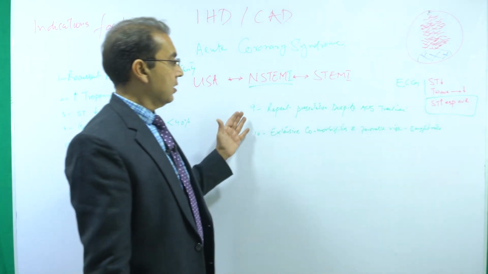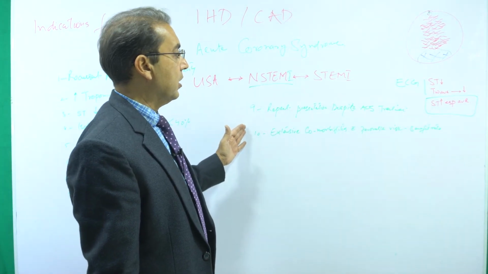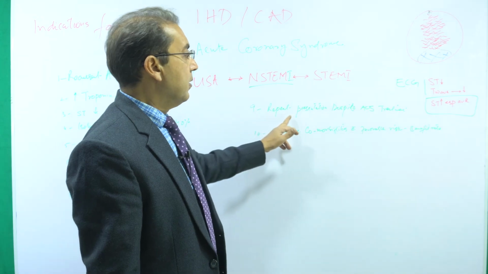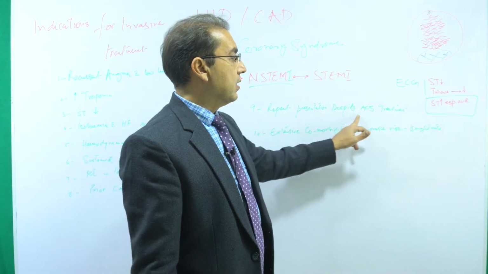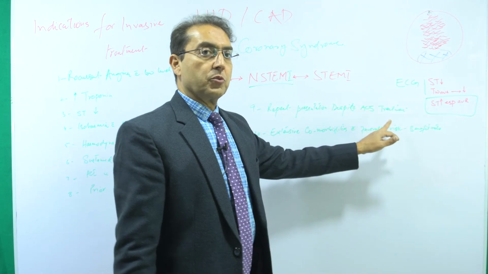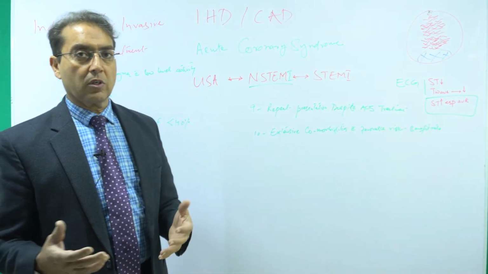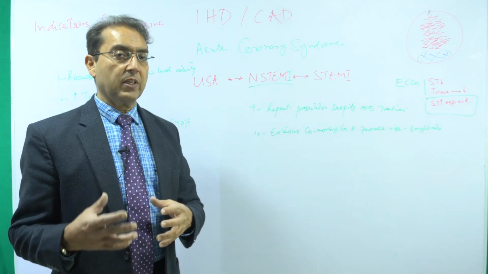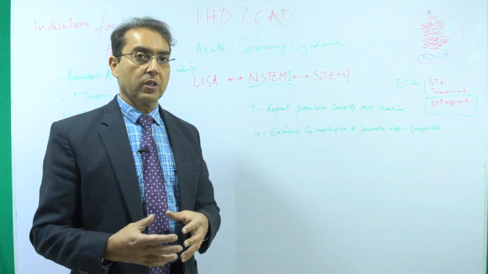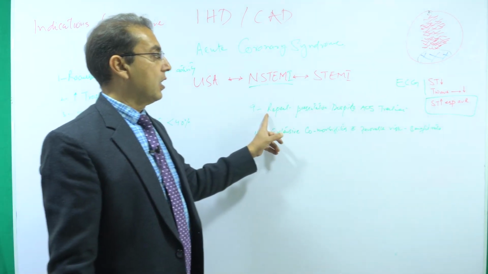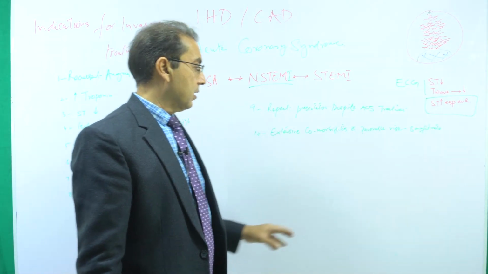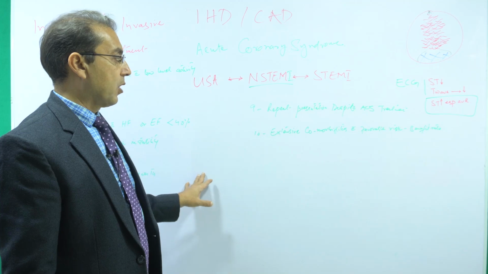And then you have the class 2 and class 3 indications: patients who have repeat presentation despite acute coronary syndrome treatment. The patients have come with acute coronary syndrome, have been managed conservatively, and then present again in a short interval of time. These are patients in whom we should go for invasive treatment options.